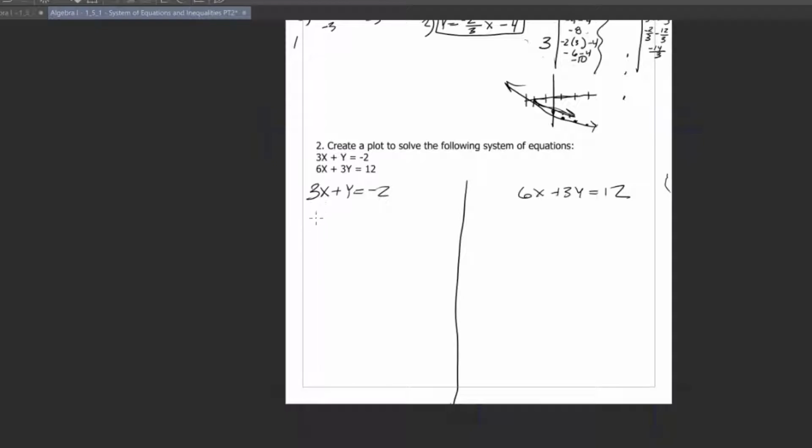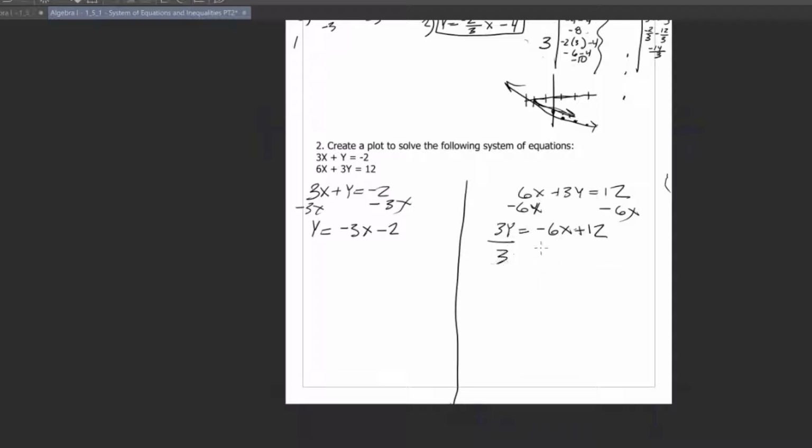So right here, we're going to subtract 3x, and we're going to get y equals negative 3x minus 2. On this one right here, we're going to subtract 6x. That's going to give us 3y equals negative 6x plus 12.